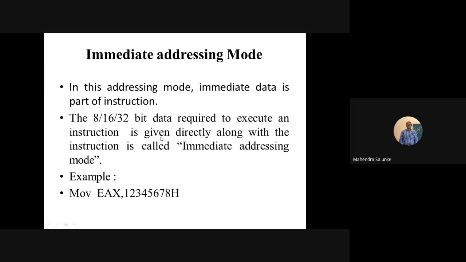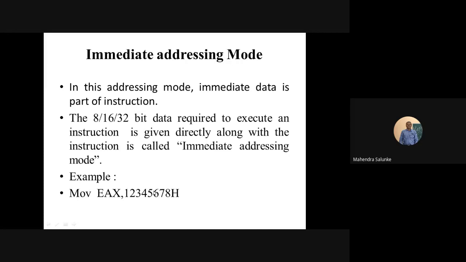In immediate addressing mode, you can easily identify the instruction given, for example, MOV EAX, 12345678. Now in this case, this data we are not going to access from any other location, because this data is available inside the instruction. It is a part of our instruction.